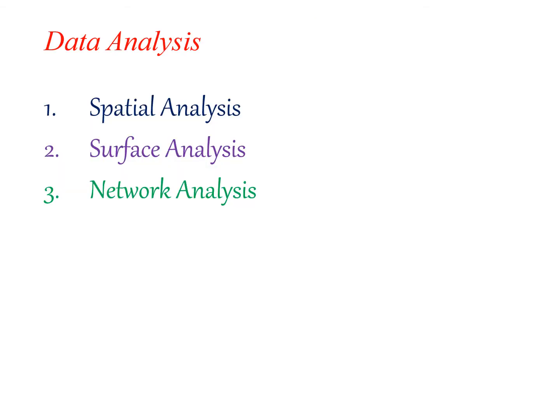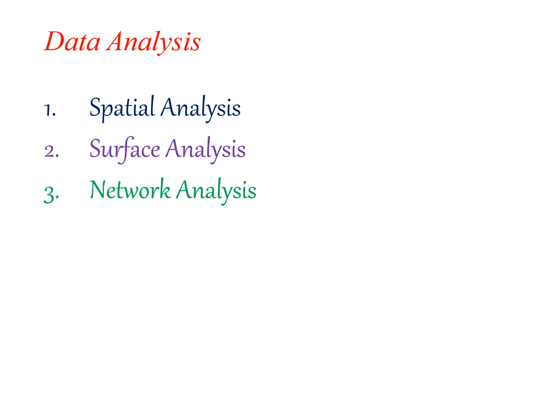So we go for the data analysis. Basically there are three forms you will find: spatial analysis, surface analysis, and network analysis. Surface analysis mostly you will find as the creation of a digital elevation model. Mostly it helps us to give the elevation difference of many points relative to each other.